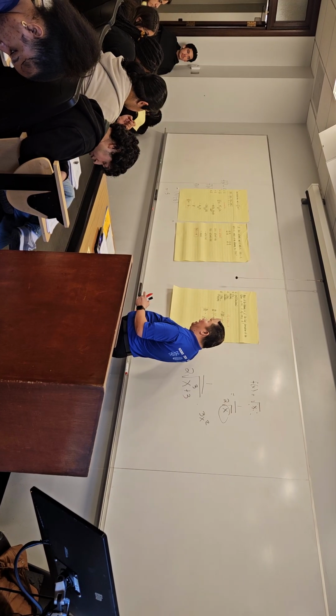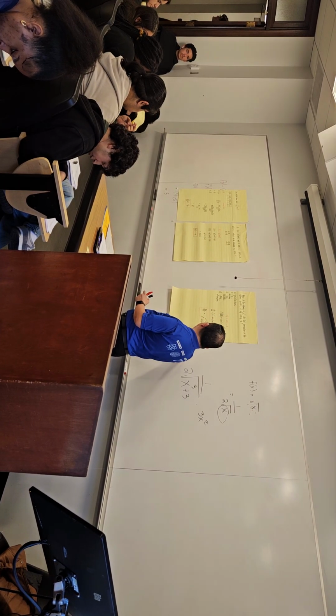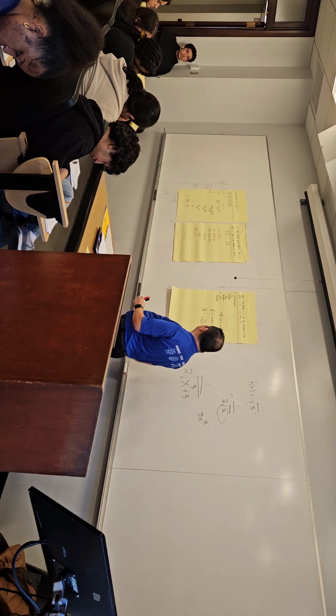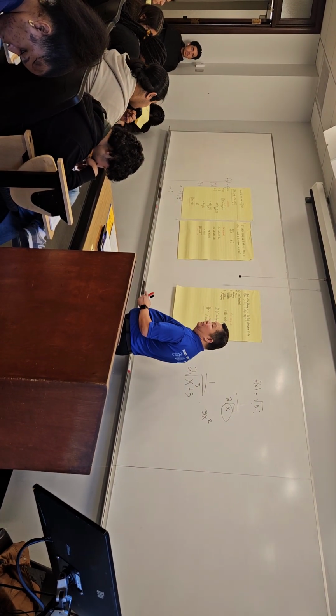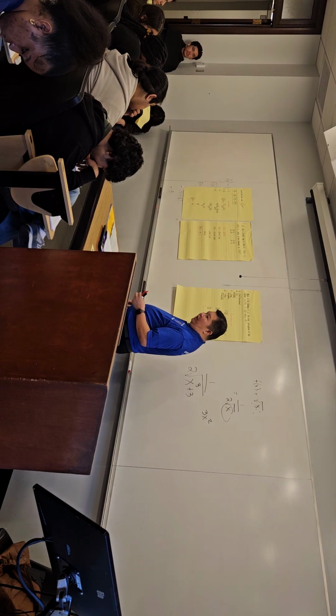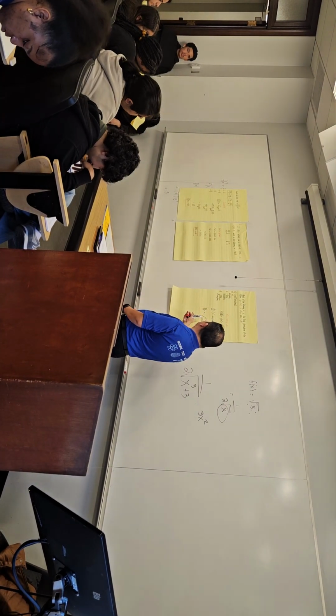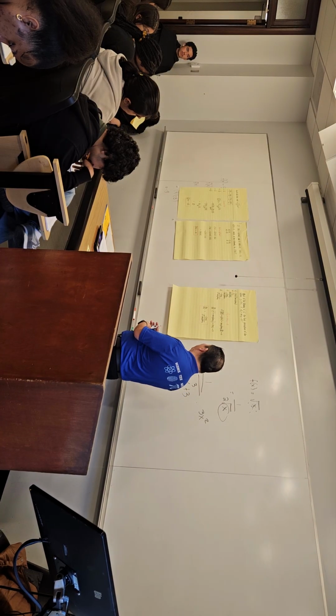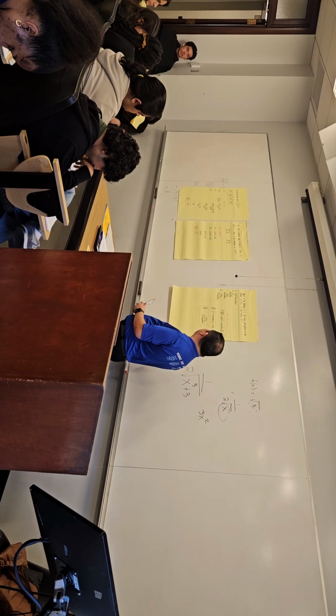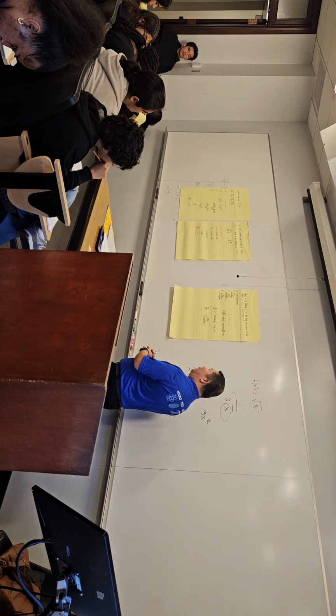The product of y and 2x is 2xy, equals 0. And what to do with this? Move this to the other side. Okay, so dy dx is now equal to negative 2xy over x squared plus secant y tangent y.